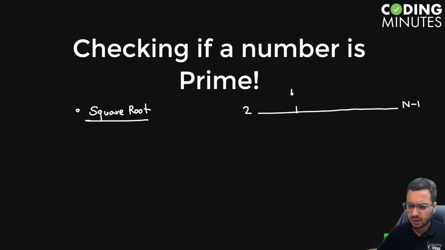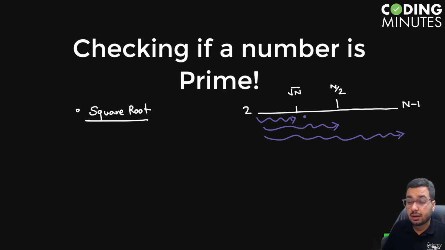Some people say we will check till n by 2. That is also fine, but root n is even smaller than n by 2. So basically, instead of running till n minus 1, you can run your loop till root n only. Now you may ask why this is true.